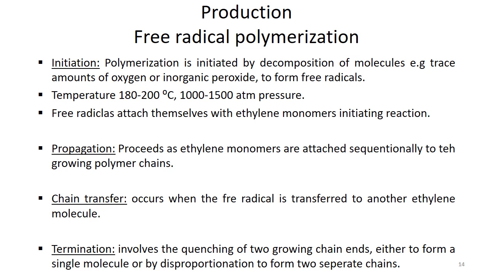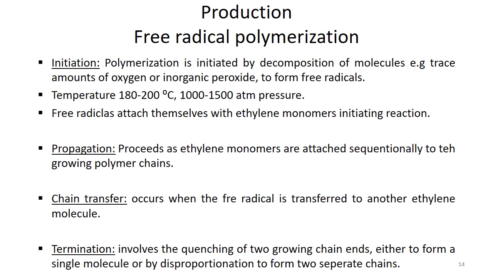When we talk about initiation, the polymerization process is initiated by the decomposition of molecules such as a trace amount of oxygen or organic peroxide to form free radicals. Spontaneous decomposition of initiator occurs at a temperature of approximately 180 to 200 degrees Celsius, or a pressure around 1000 to 1500 atmospheres can be used to initiate this free radical formation through initiators.